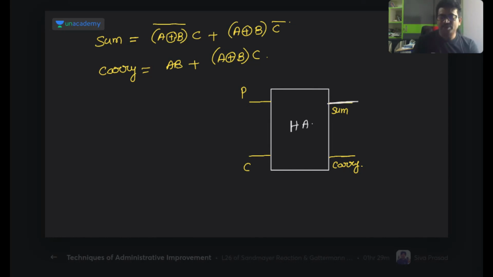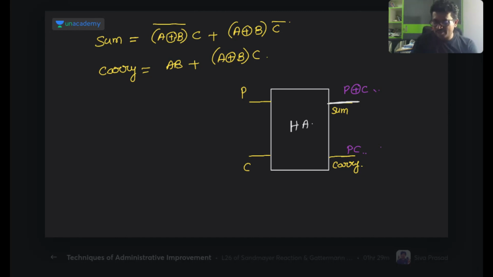For the sum expression, I have given two inputs, P and C. What is the sum expression of this half adder? This is P XOR C. And the carry expression is P into C. So whatever inputs you give the half adder, here it will do the XOR operation and here the AND operation. It doesn't know what we have given as inputs. Fine, all of you?